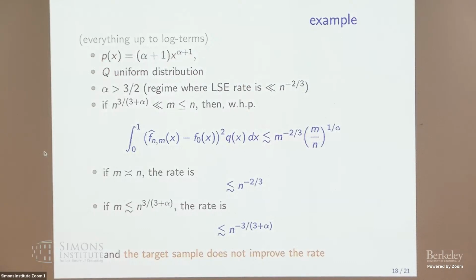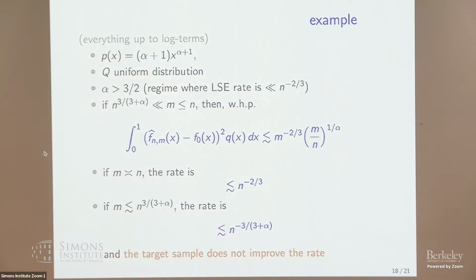Now we look into the regime where under the source distribution we lose in terms of convergence rate, and that happened if alpha was larger than 3/2, right? So that was the thing we worked out earlier. That's the interesting regime where just working with the source distribution won't get the n to the minus 2/3 rate anymore.